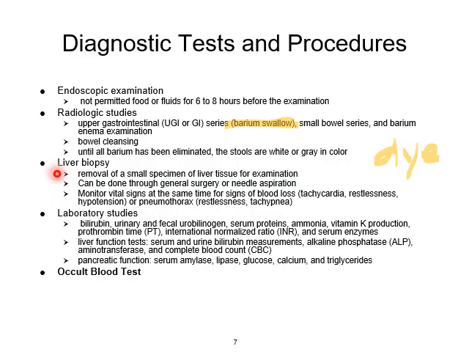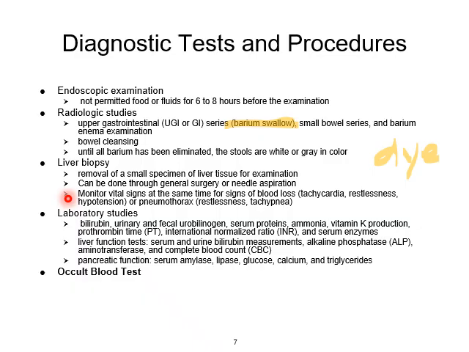Liver biopsy is when we will remove a liver tissue for examination. However, after a liver biopsy, because this one is done either through general surgery or a needle aspiration, meaning that they will insert that needle and remove or clip a little bit of tissue for examination, we as nurses need to monitor their vital signs at the same time for signs of blood loss.